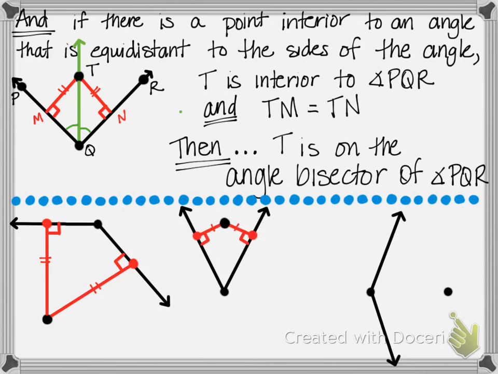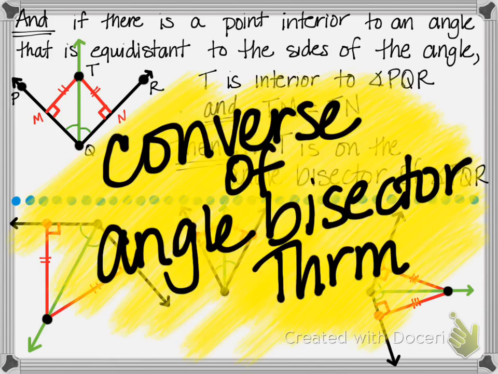In the second angle, that point is equidistant to the sides of the angle. And in the third situation, that point is equidistant to the sides of the angle. So in all three cases, I know that the point that I have that's interior to each one of those angles must be on the angle bisector of each one of those angles.